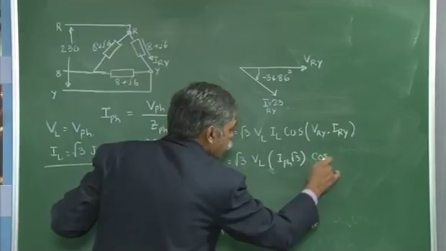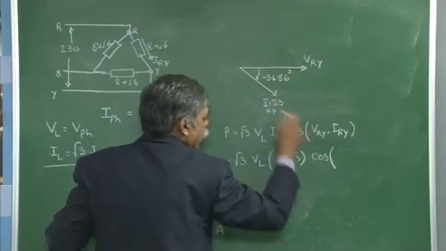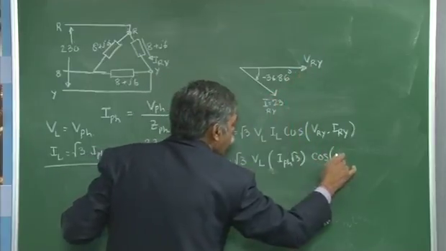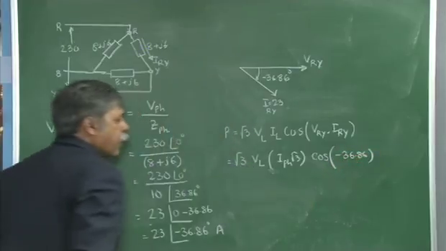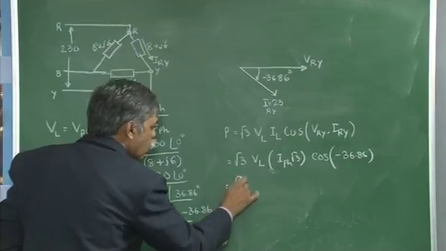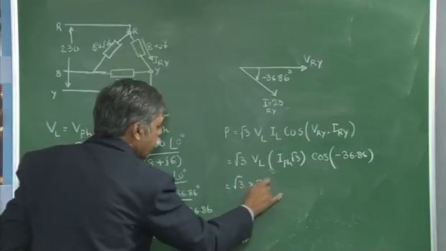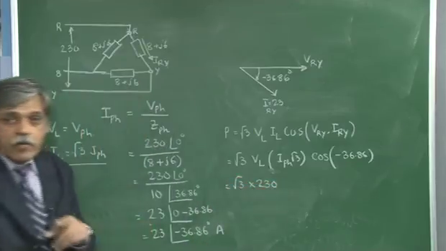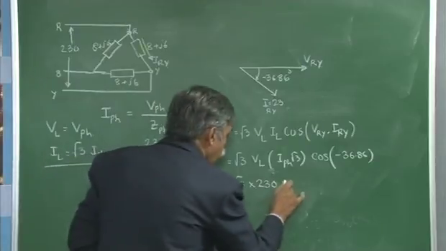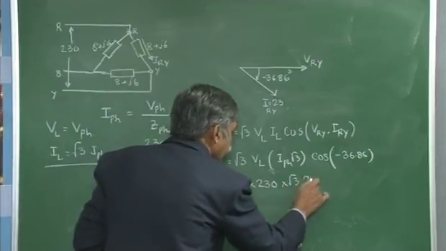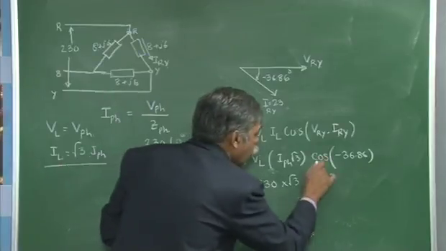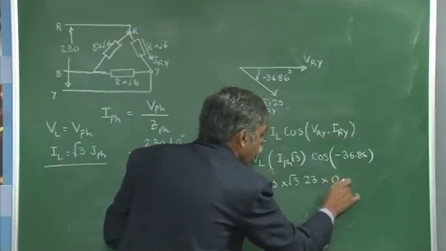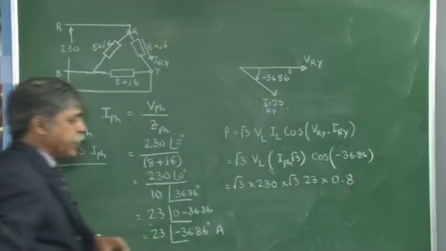The cosine of the angle between the voltage and current is cos of minus 36.86. So this gives root 3 times 230 as the line voltage, multiplied by root 3 times 23, the magnitude of the phase current, multiplied by cos 36.86, which is 0.8.